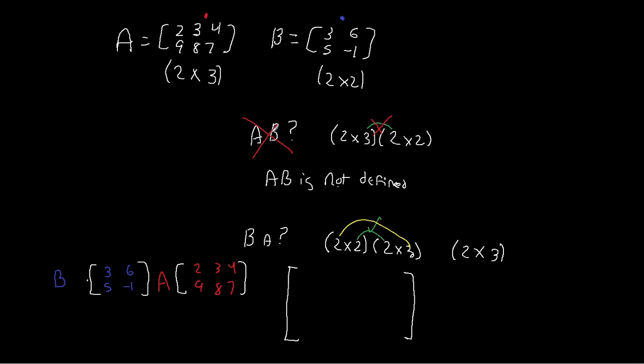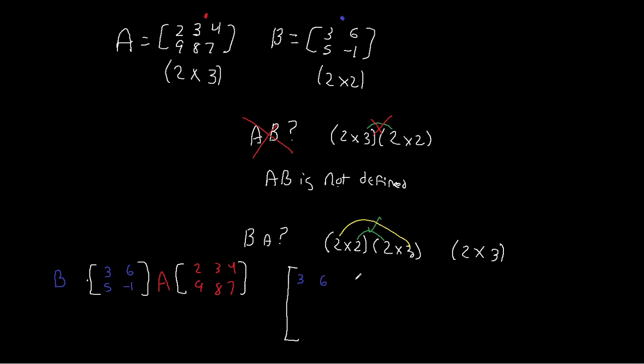Just like before, we're considering the rows in B times the columns in A. So the first element is going to be the first row in B, 3 and 6. You know what? I'm actually going to go ahead and remove this brace over here, so we can cap it off at the end.